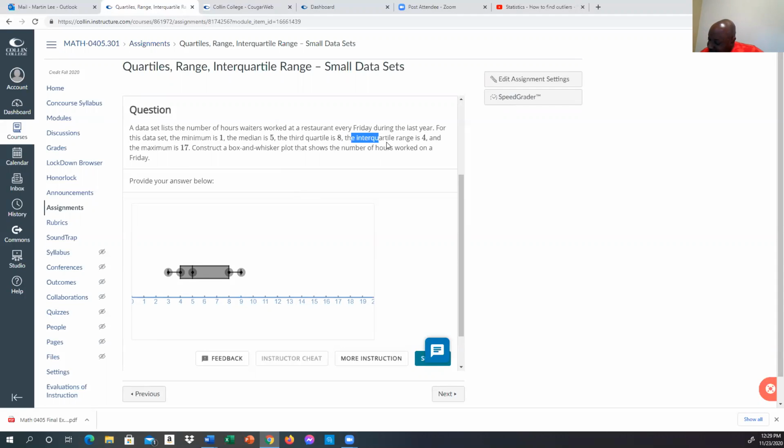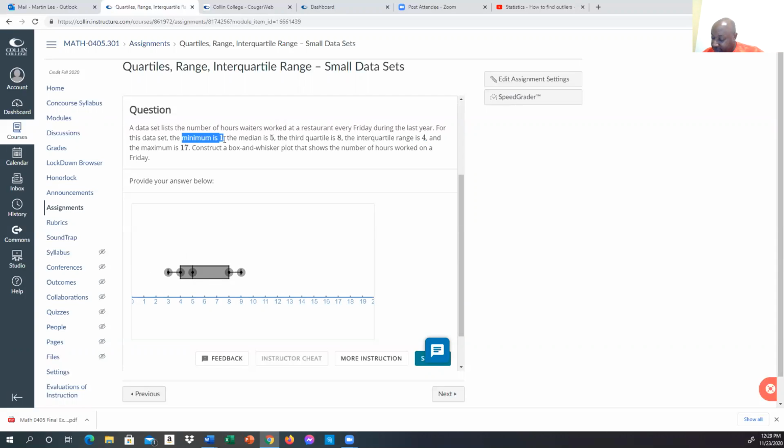If it tells me that the interquartile range is 4, that means that Q3, which is at 8, Q1 has to be 4 because the difference between Q3 and Q1 has to be 4. So Q1 is equal to 4. And so that's already at 4.